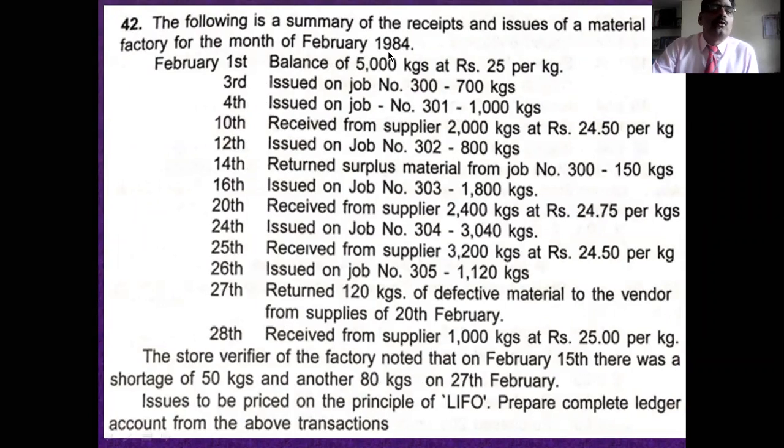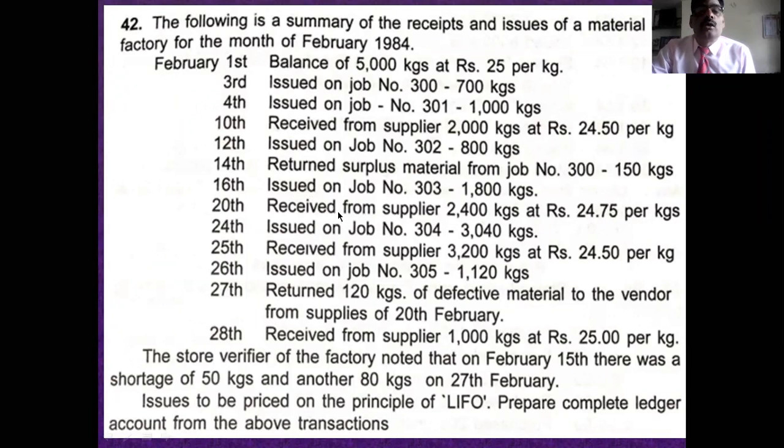February 1984, date is there. Opening balance comes to the balance column. Issue comes to the issue column. Issue again, issue column. Received from supplier, receipt column. Issue column. Return of surplus material from job is receipt.